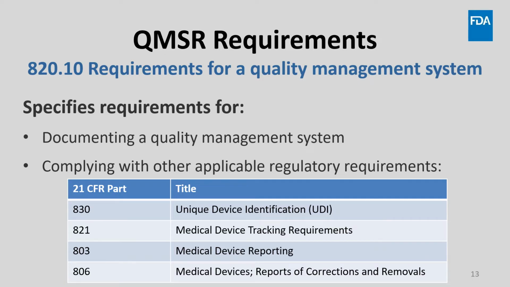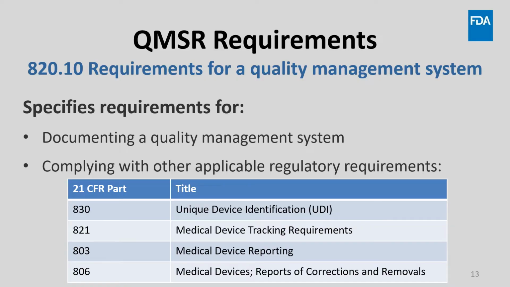The requirements for a quality management system are codified in Section 820.10 of the QMSR. Section 820.10 specifies requirements for documenting a quality management system that complies with applicable requirements of ISO 13485-2016 and for complying with other applicable regulatory requirements to ensure full compliance with the listed ISO 13485 clause.